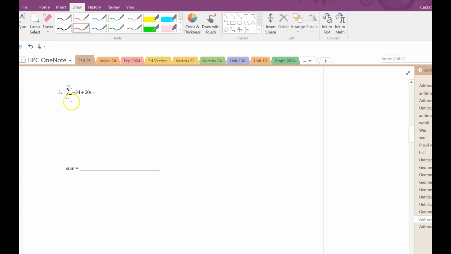If we look at problem number 3, the first thing we need to do is expand it. So if you plug in the value of 1 into the formula here that I just underlined in red, you'll get negative 14. If you plug in the value of 2 into the formula, you will get 6. If you plug in the value of 3, you will get 26.